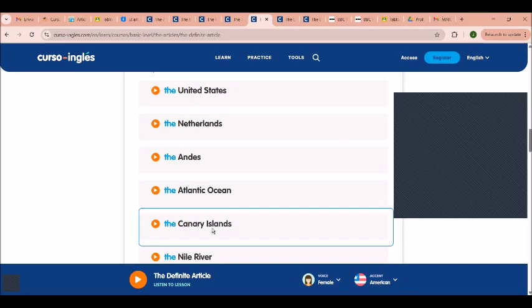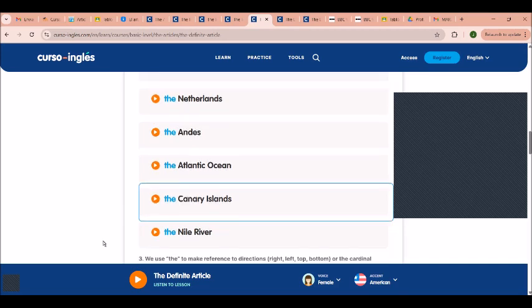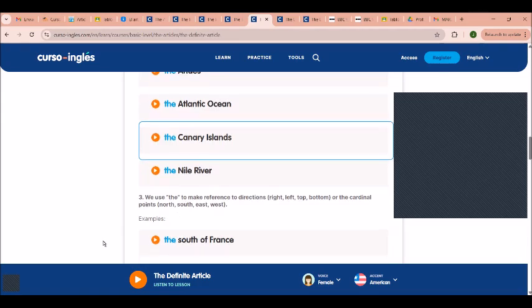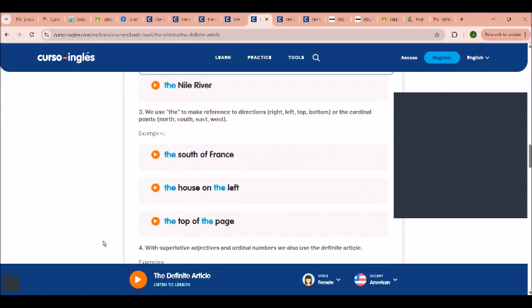One more time: the Canary Islands, and the Nile river. Good. So for geographical regions, mountain chains, islands, etc. Mitzi, number three.